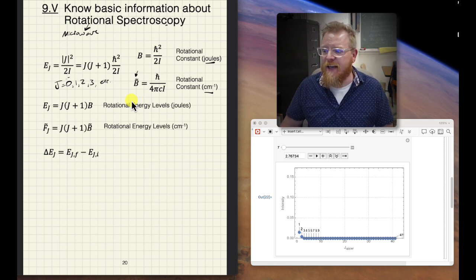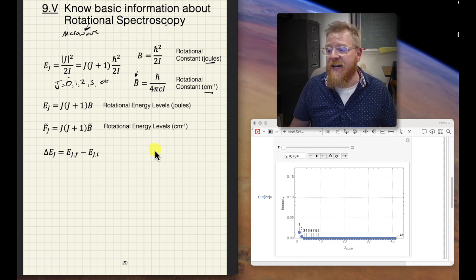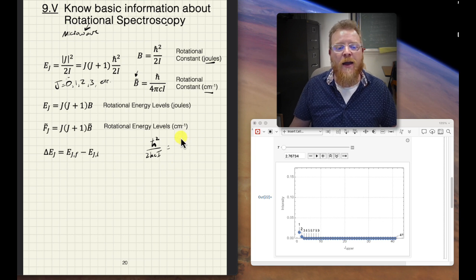And to get things in wave number, remember, we divide the energy in joules by hc. So for example, if I take h bar squared over 2 times hc times I, I get the following. I'm going to separate one h from another h bar by doing the following.